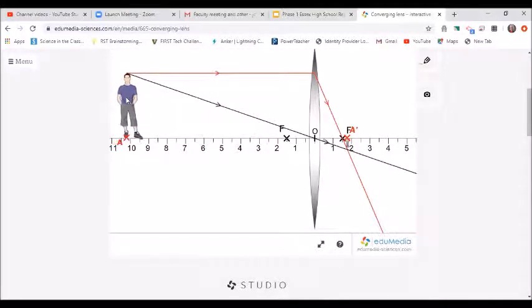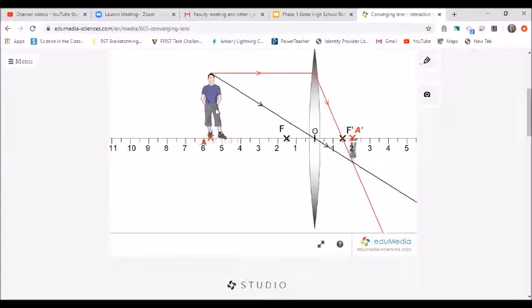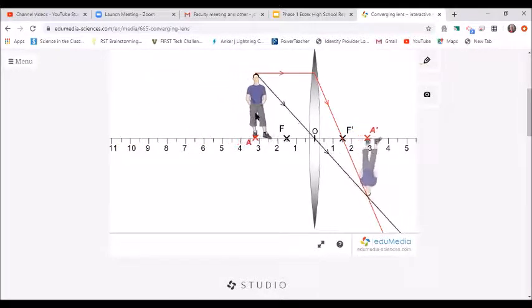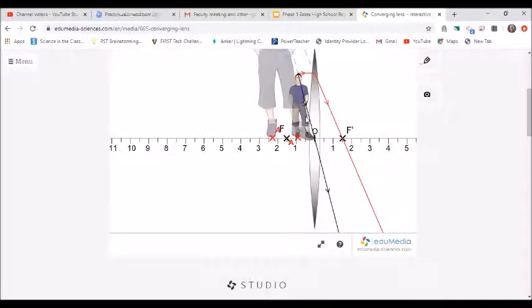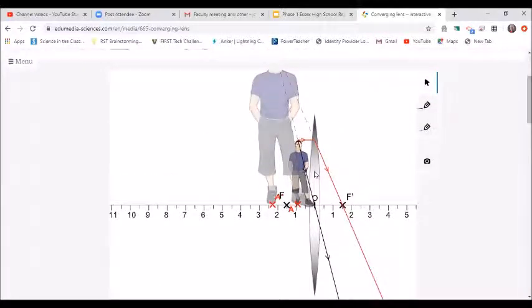Now, something really interesting happens when you get inside the focus. Closer and closer. Boom. So what's that all about? Well, parallel and through the focus, and then through the center. But if you look at these two rays, they don't come together, they don't merge.